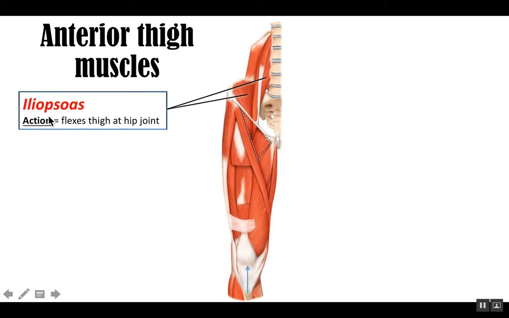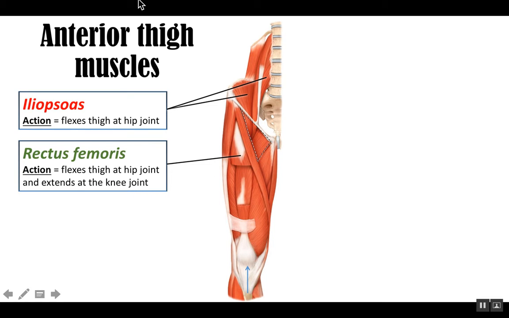It's got two components, the iliacus and the psoas, but we're going to know it as the iliopsoas. And notice it crosses the hip anteriorly. And if you cross the hip anteriorly and contract, you will flex at the hip joint.